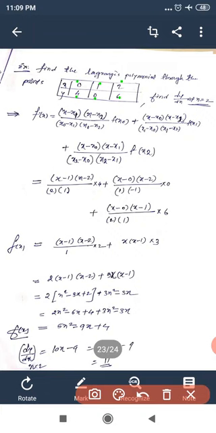So f of x is equal to x minus x1, x minus x2 whole divided by x0 minus x1, x0 minus x2, into f of x0. Second is x minus x0, x minus x2 divided by x1 minus x0, x1 minus x2, into f of x1. And third, x minus x0, x minus x1 divided by x2 minus x0, x2 minus x1, into f of x2.